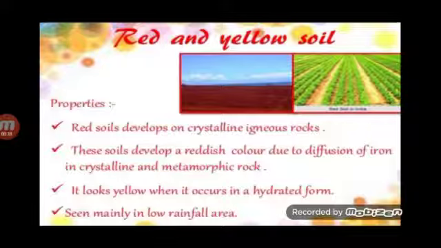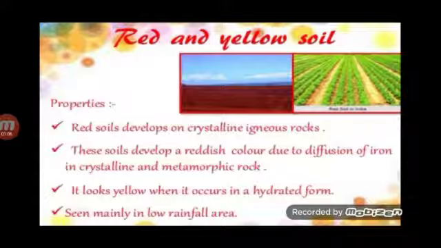Children, red soil develops on crystalline igneous rocks in the areas of low rainfall in the eastern and southern parts of the Deccan plateau. That means this type of soil is found in those areas where rainfall is low. These soils develop a reddish color due to diffusion of iron in crystalline and metamorphic rock.